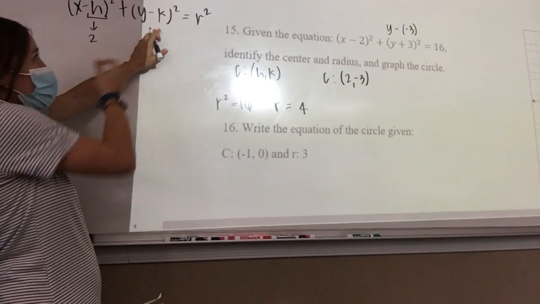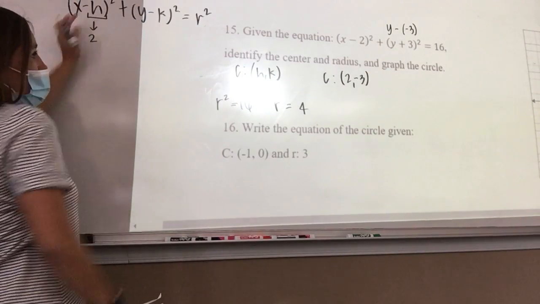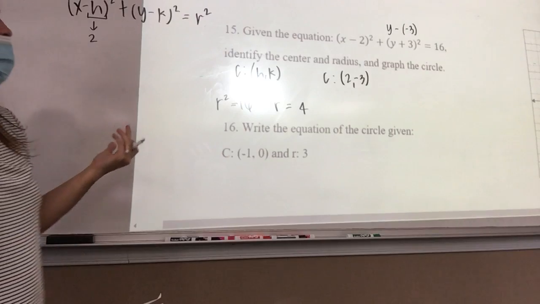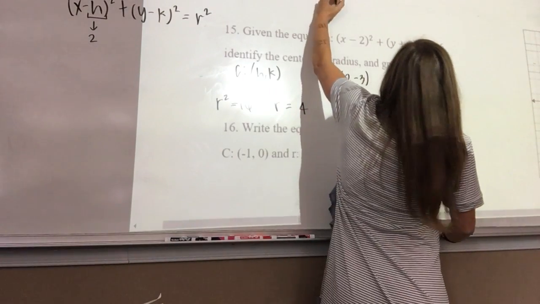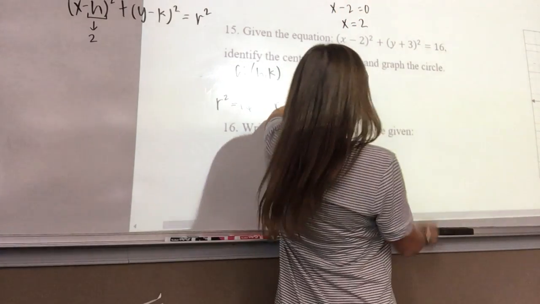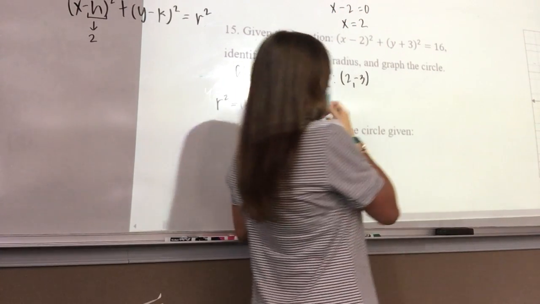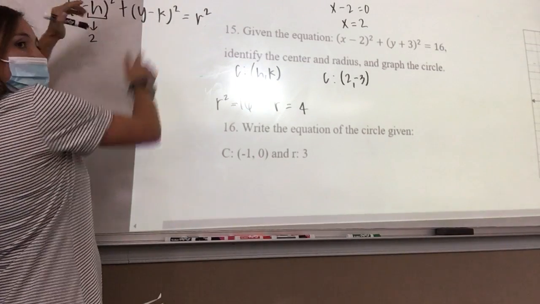It's just how the formula is. The formula already has a negative sign in there. That value's 2, that value's -3, however you want to think of it. It's basically the opposite because of the negative in the formula.